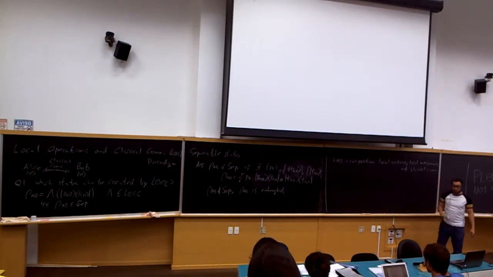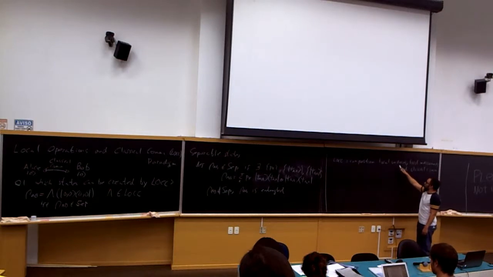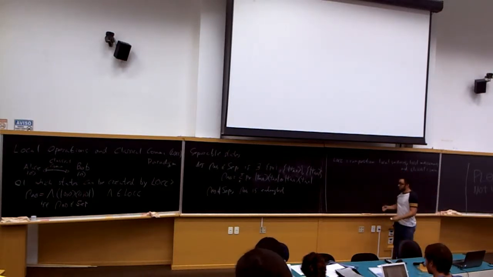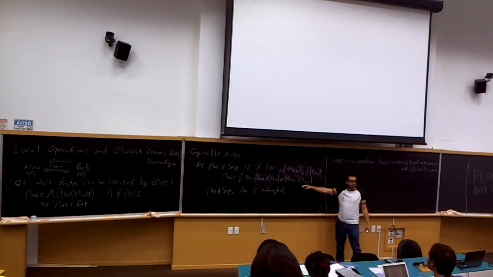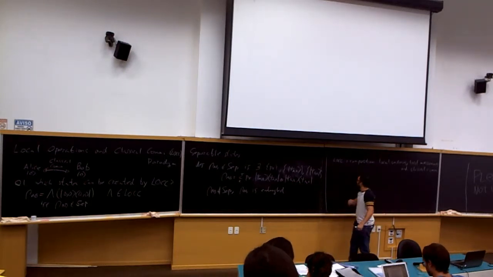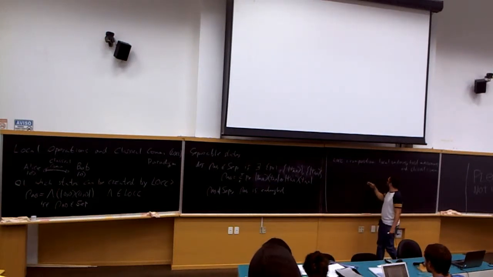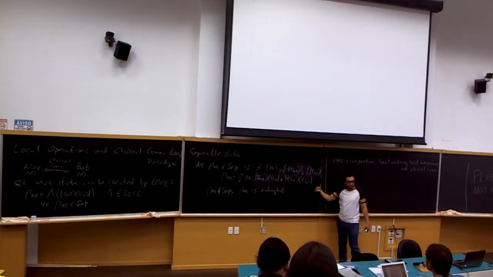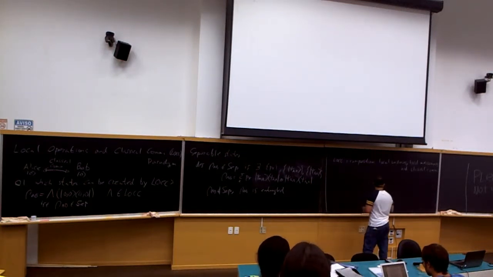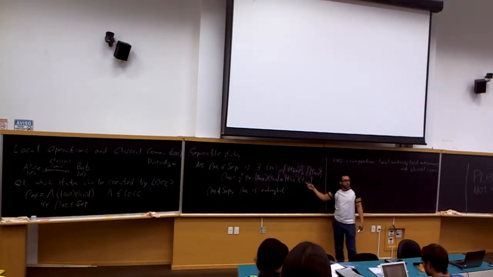Now I'll leave it to you, as the first exercise today, to check that if you start from a separable state and apply local unitaries, it again has this form. That's pretty easy. Second, if you start from a separable state and make a local measurement, it has this form as well. That's also easy. And finally, classical communication doesn't change this class. That's a little more complicated, but I'll leave it to you to think about.